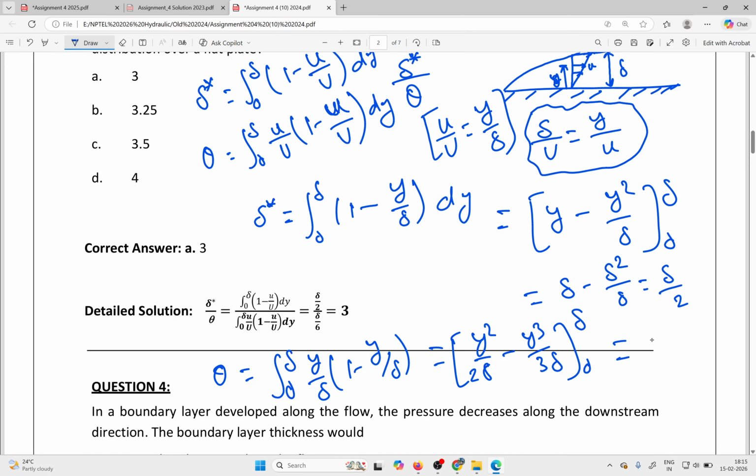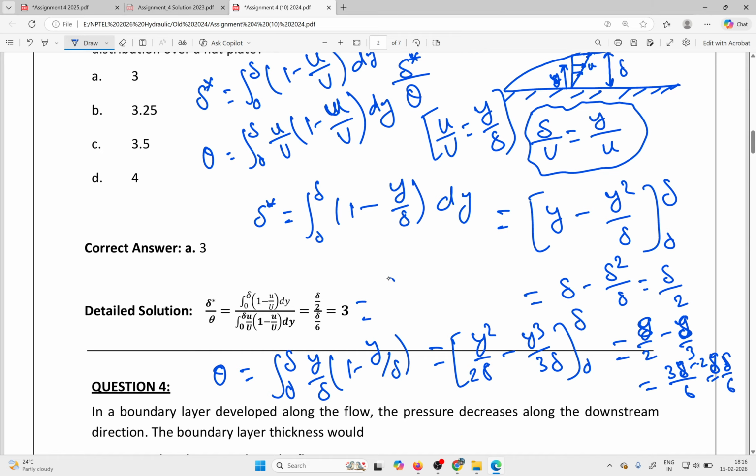So finally you will get y by 2 minus y by 3, so 6 and 3y minus 2y. Not y, this is your delta. After putting the limit, y will convert to delta. So finally you will get delta by 6.